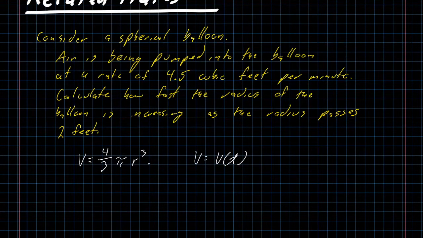The volume of this sphere is changing, so it is a function of time. The radius of this sphere is also changing, so it is also a function of time.